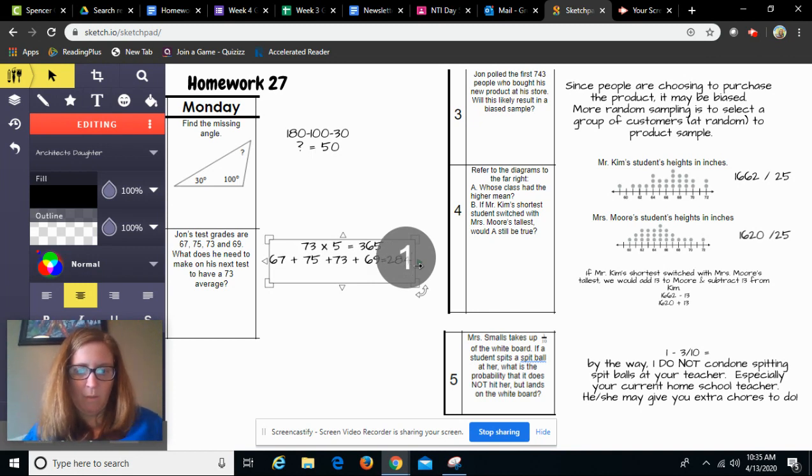In order to figure out what that next number needs to be, we've got to look at 365 minus 284, and that's going to tell us what that last number needs to be in order to have an average of 73. So we're going to do 365 minus 284, and 81 should be the next score.